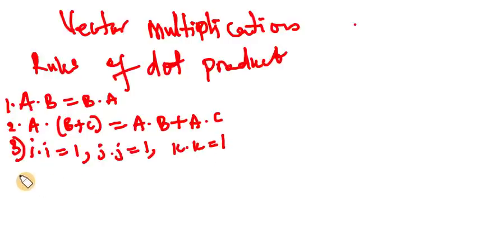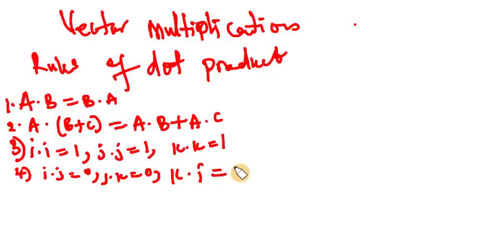But if it is dotting another unit vector, for instance i dotting j, it is 0. j dotting k is 0. k dotting i is 0.